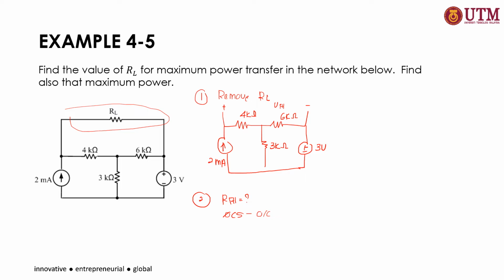If we have a voltage source, we need to do a short circuit. So we redraw the circuit without independent sources. We will have the equivalent circuit like this. This is a current source, we need to do an open circuit. And this is a voltage source, we need to do a short circuit.